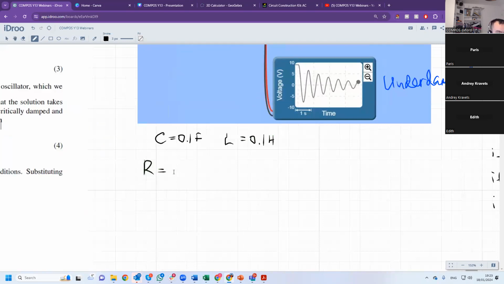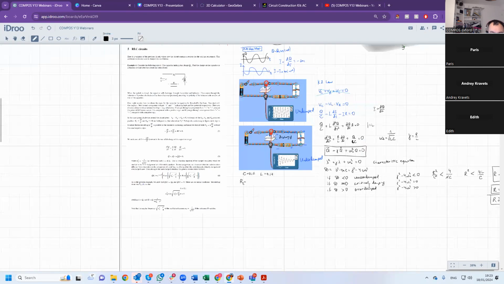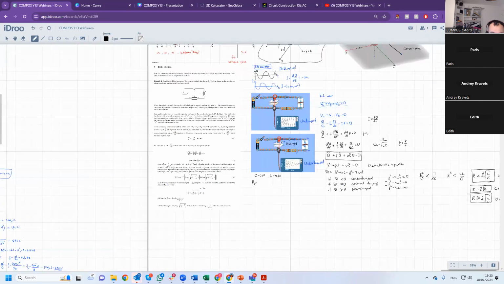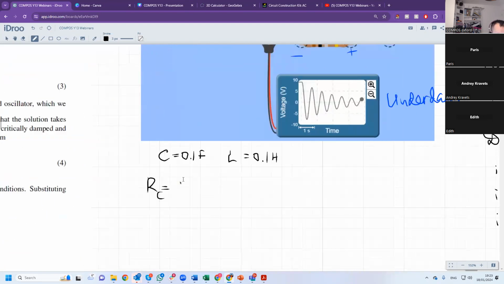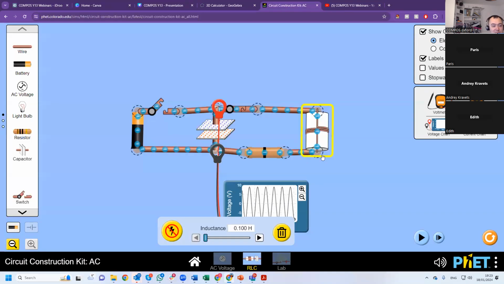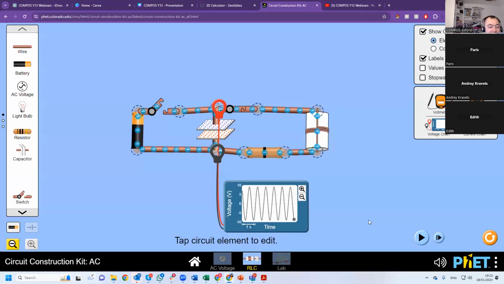So the critical resistance for the circuit is 2 square root of L over C. That's 2 ohms. 2 ohms is the critical resistance. So if I set the resistance to 2 ohms, this should be critical damping. Let's check.